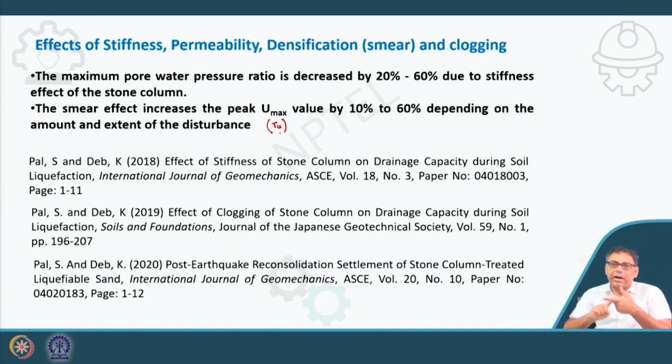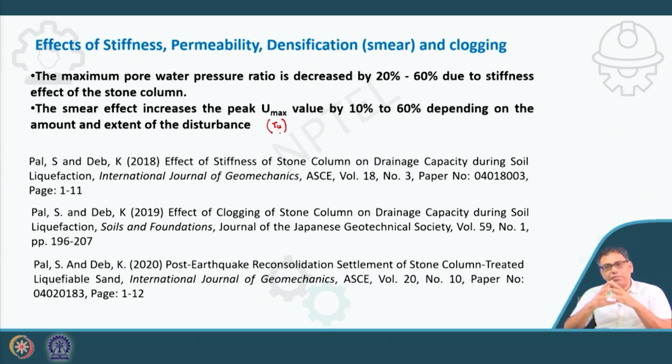One is that the permeability of the surrounding soil decreases, and another is that the compressibility of the surrounding soil decreases. It has been observed that in the smear zone, the permeability reduction has a more significant effect as compared to the reduction of the compressibility.